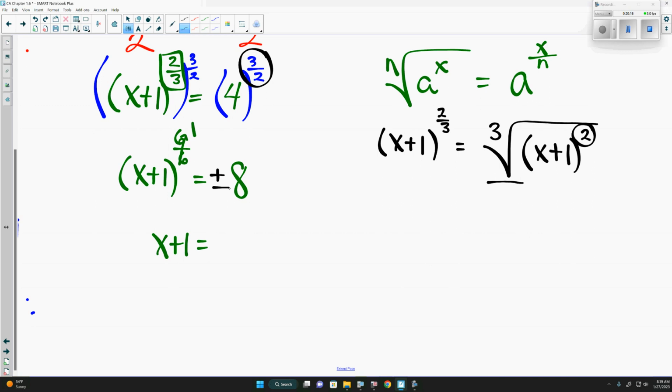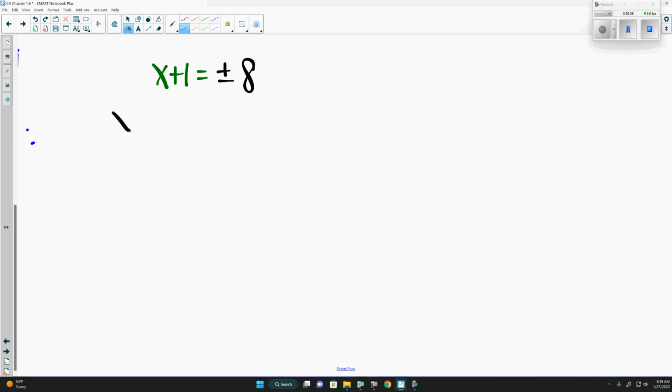Whenever we apply this to both sides, if the denominator is 2, we have to add the plus or minus. If the denominator is 3 or an odd number, we don't have to. Even we apply it, odd we don't. So it's telling us x plus 1 is equal to plus or minus 8, which really means we have 2 equations.